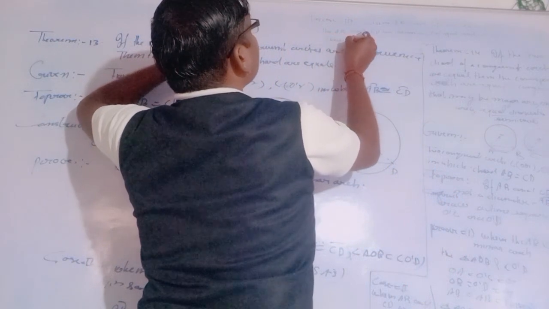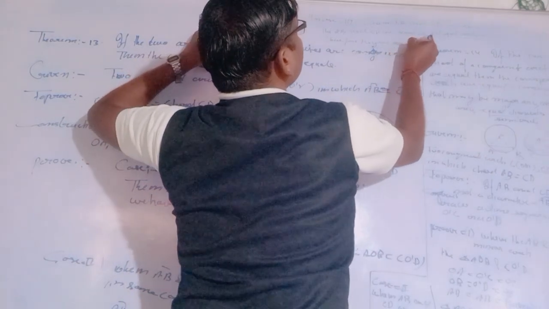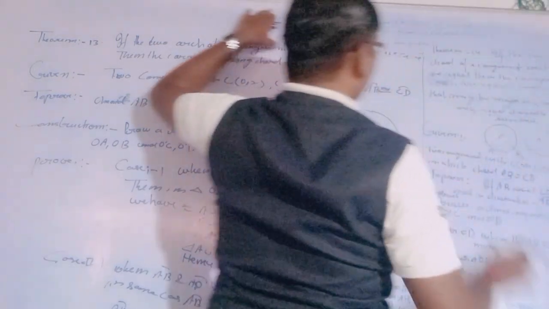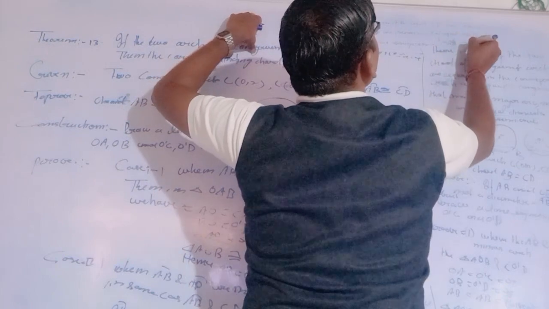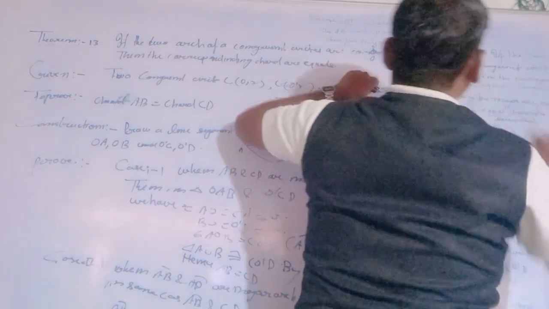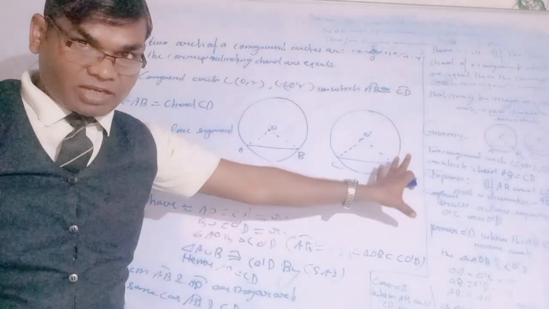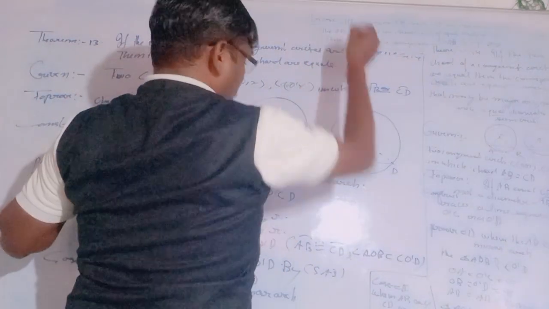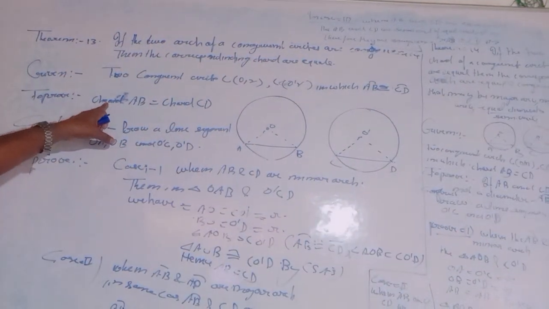So we can say that arc AB is equal to arc CD, and chord AB is equal to chord CD, and congruence is proved. So we have covered three cases here, and the converse of the theorem step by step: the third case, the second case, and the first case.